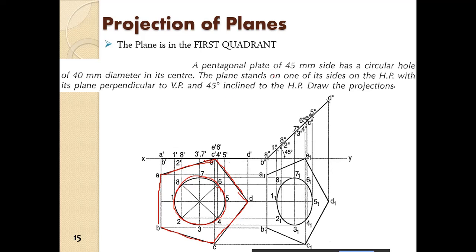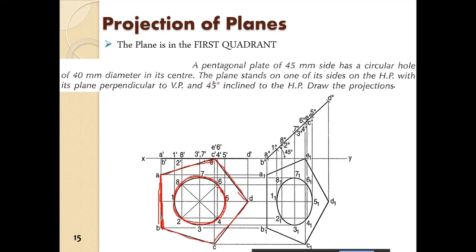The pentagon plate of 45 mm side, so this is 45 mm as given, has a circular hole of 40 mm. So this is basically a circular hole in the plate of the pentagon, in its center, exactly at the center.